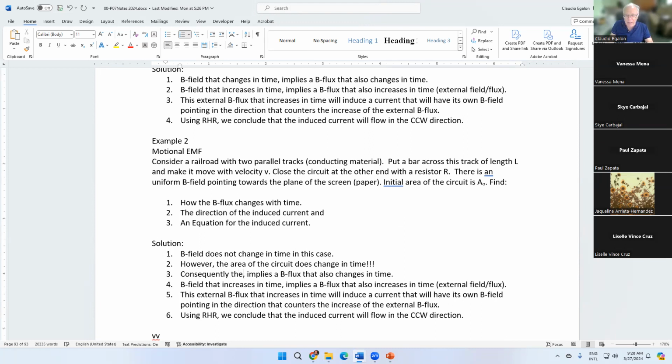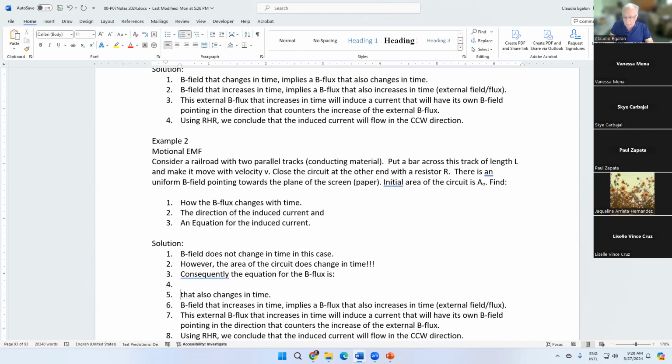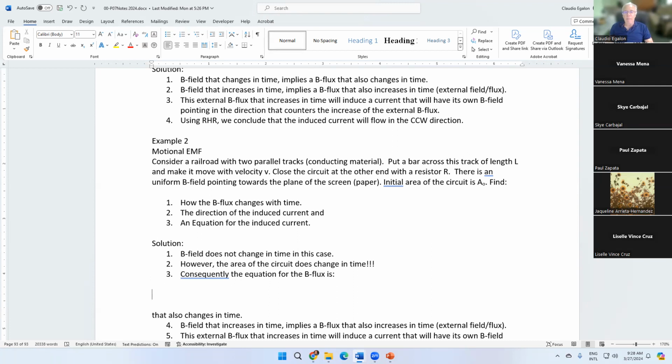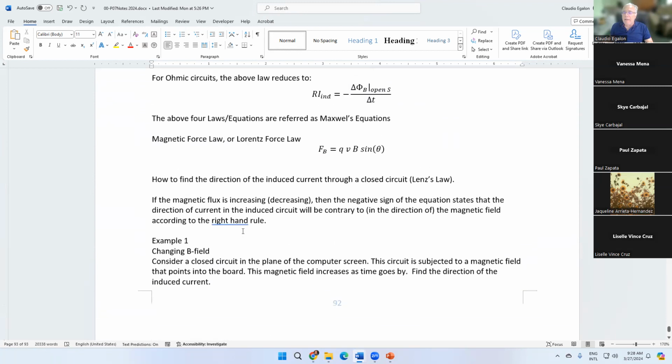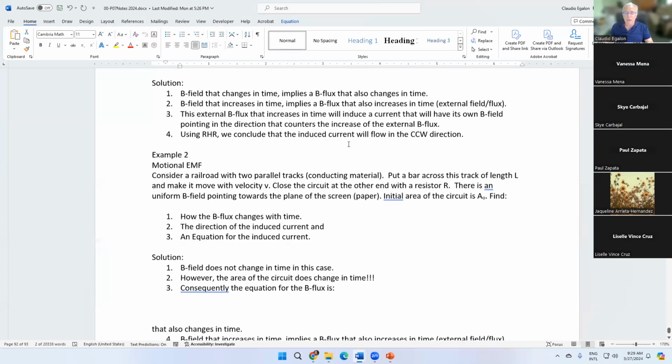Consequently, the B flux, the magnetic flux, the equation for the magnetic flux. You gotta remember, right? The equation for the magnetic flux. Don't forget this magnetic flux is an open surface.